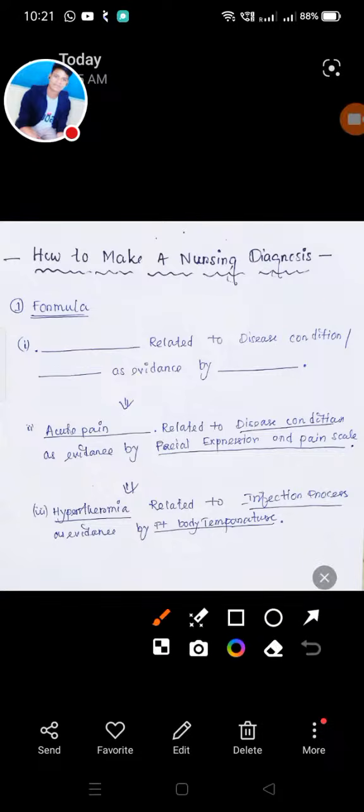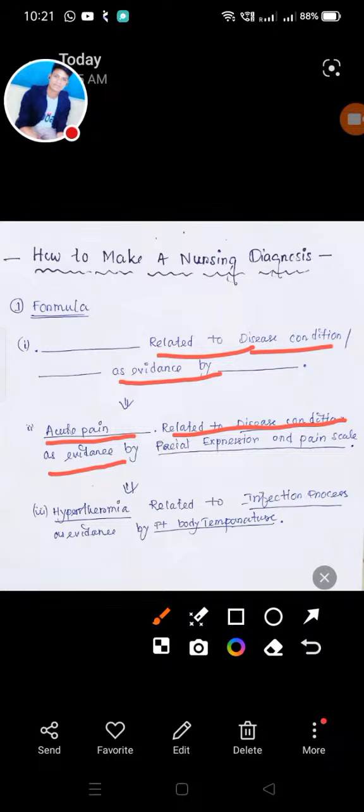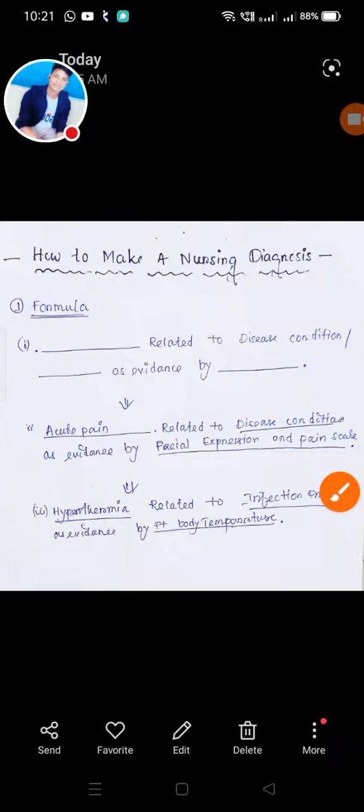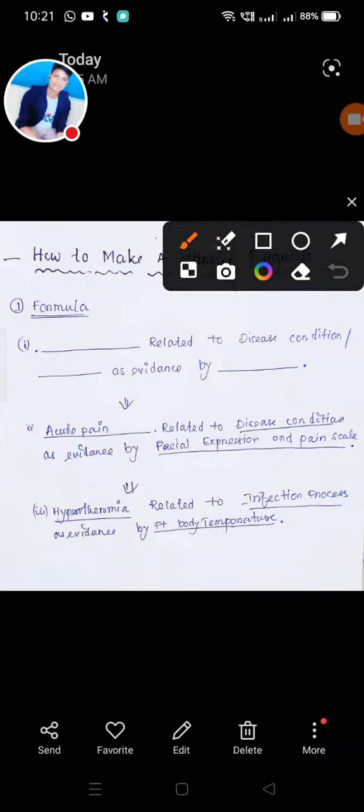For acute pain, related to disease condition, as evidenced by the facial expression or the patient's pain scale assessment. During assessment of pain or facial expression, we identify that the patient has pain.